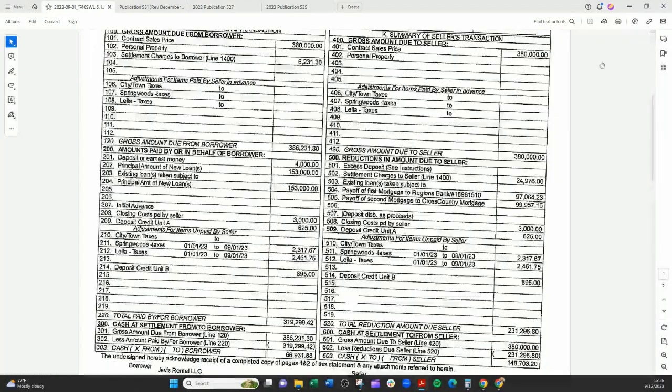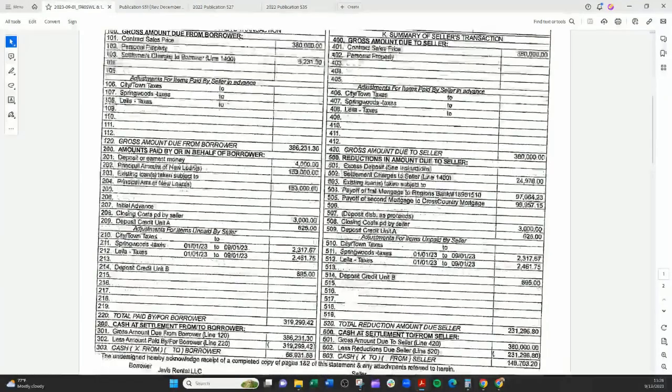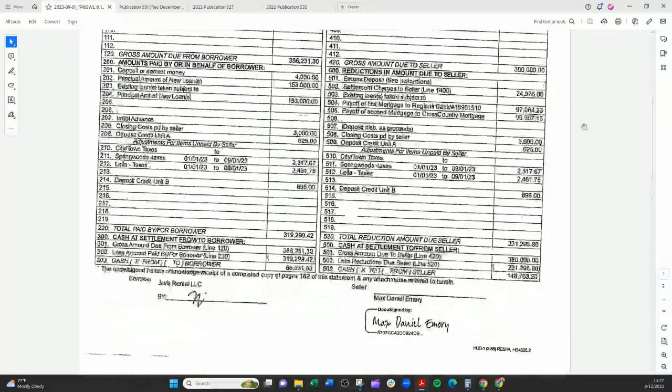For the purposes of this course, we are pretending that 1740 Springwoods is the only property on this HUD statement. What that means is this contract sales price is actually cut in half to $190K. These settlement charges are cut in half to $12K and some change.